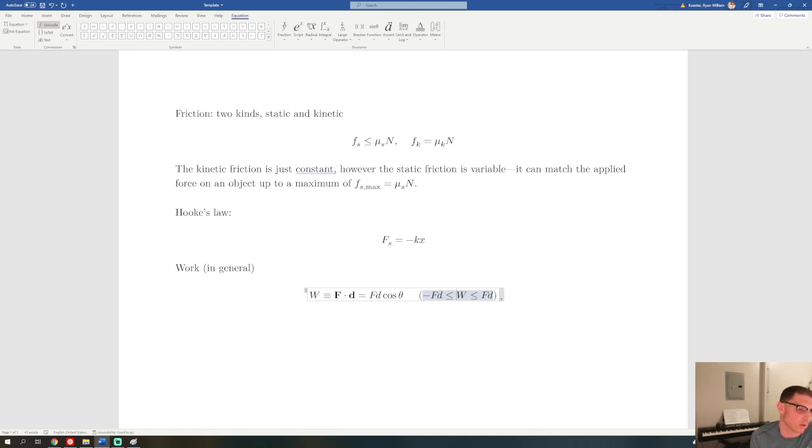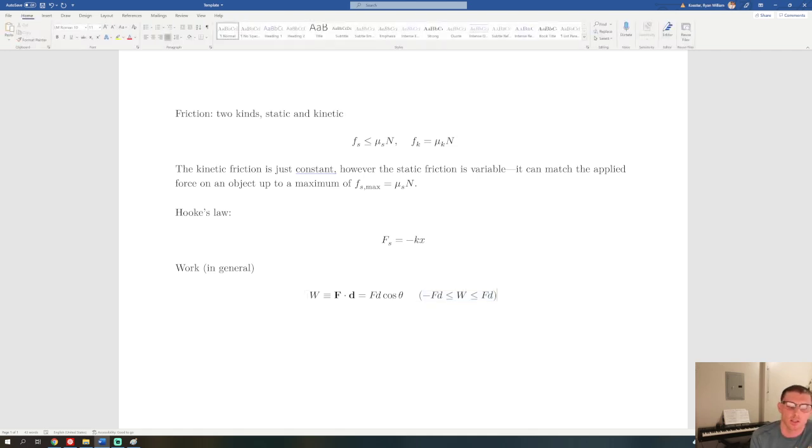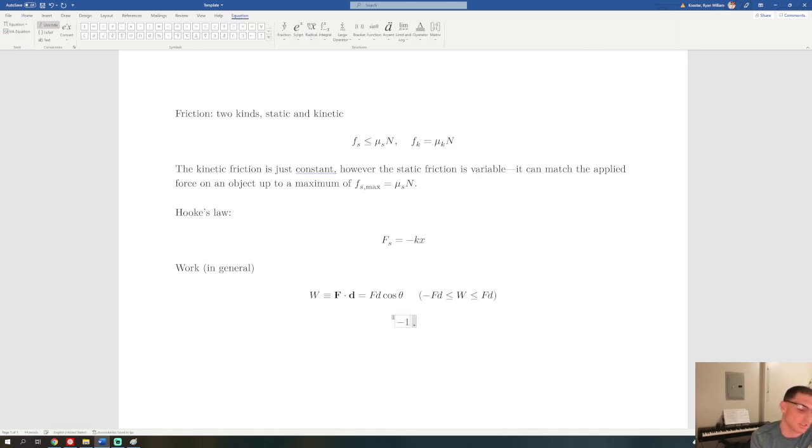So for people who are wondering about the inequality, this is not super important, but I'll talk about it really quickly. Cosine of theta is bounded between the values of -1 and 1, meaning it can never be larger than +1 and it can never be smaller than -1.